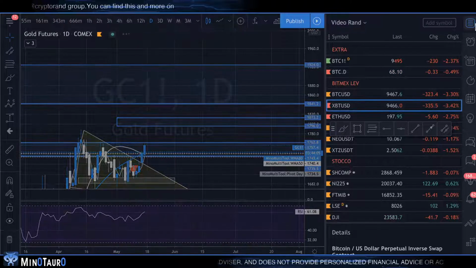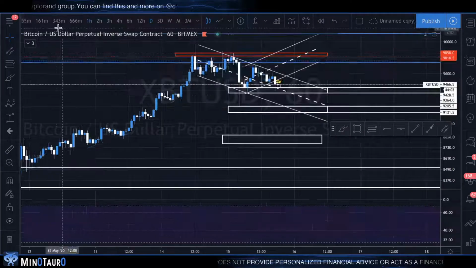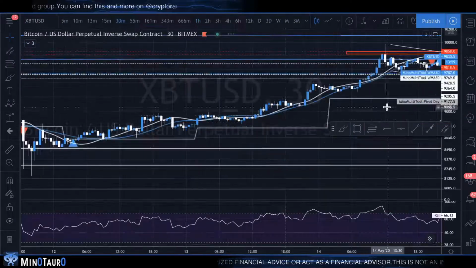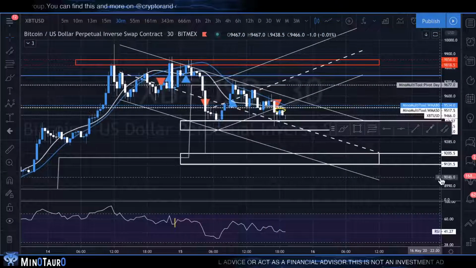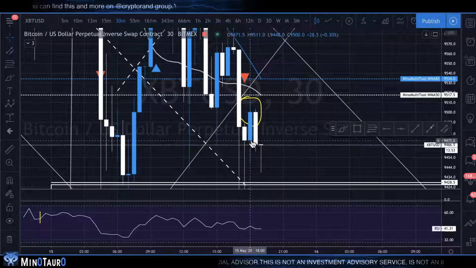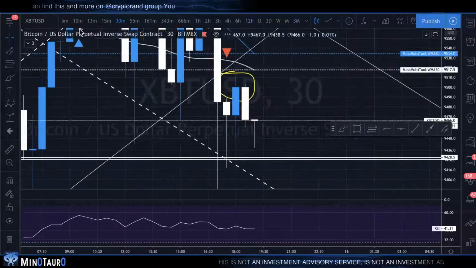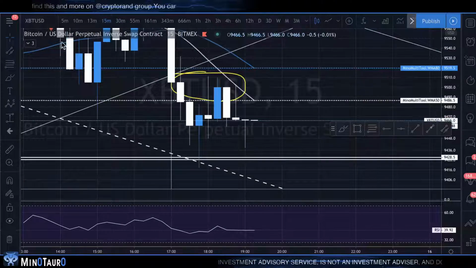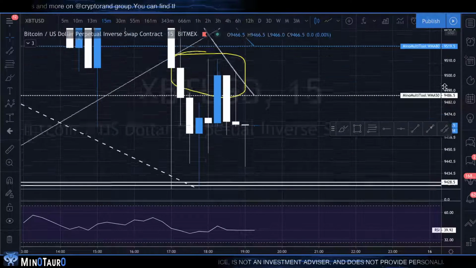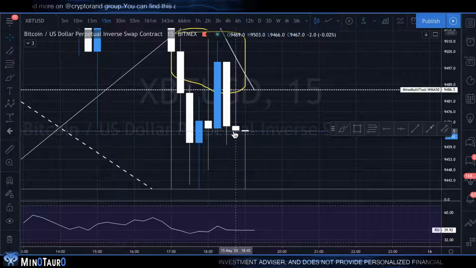Okay, let's get back to Bitcoin. Let's go on a small time frame and check what's going on. So you go small if you want to check the situation. Engulfed, 30 minutes engulfed. Doesn't count much, but is engulfed. This is not 15 minutes, not engulfed. Oh yes.